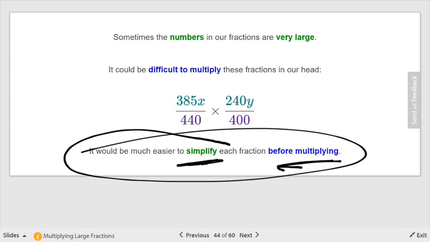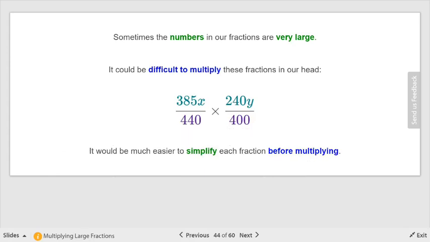All right, so here we go. Let's look at this one. Okay, again, we're multiplying fractions, right? Remember, this is being recorded. Sorry. We're multiplying fractions. Before I start multiplying, the first thing I need to do is what? Simplify.